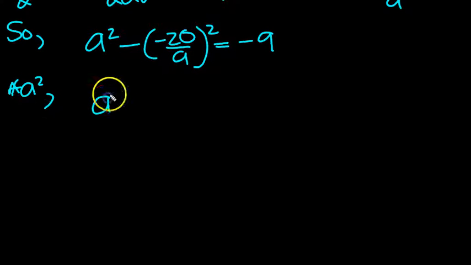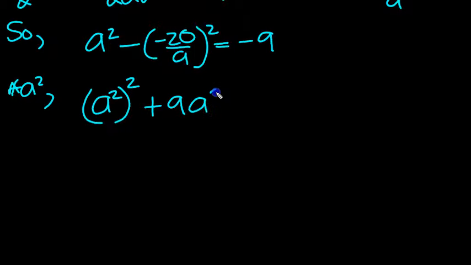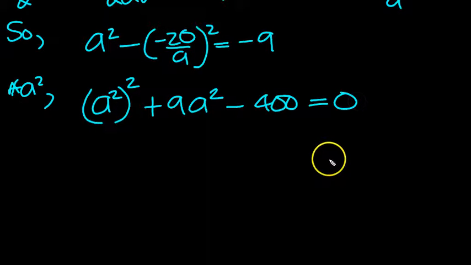So we get a squared squared here, minus, and this minus 20 squared will become plus, so that's 400, but there's still a minus there. We're going to move this over first, it becomes plus 9 lots of a squared, and when we multiply this by a squared, we'll get the minus 400. And there's nothing left over here.